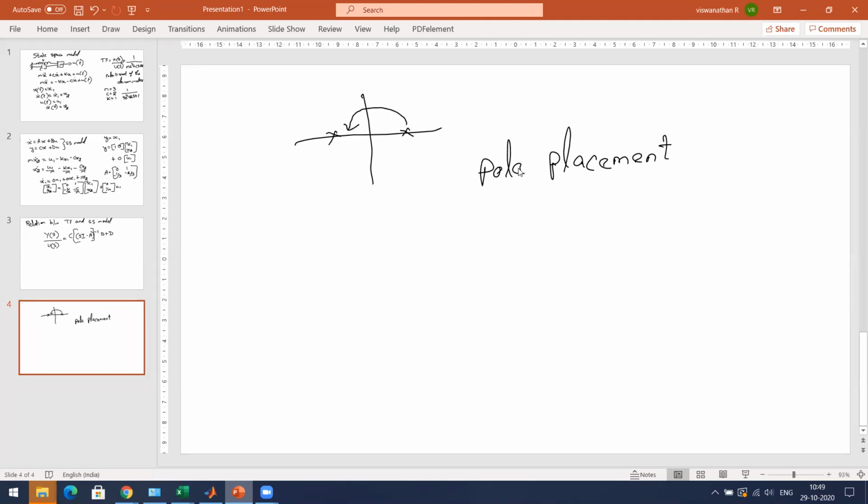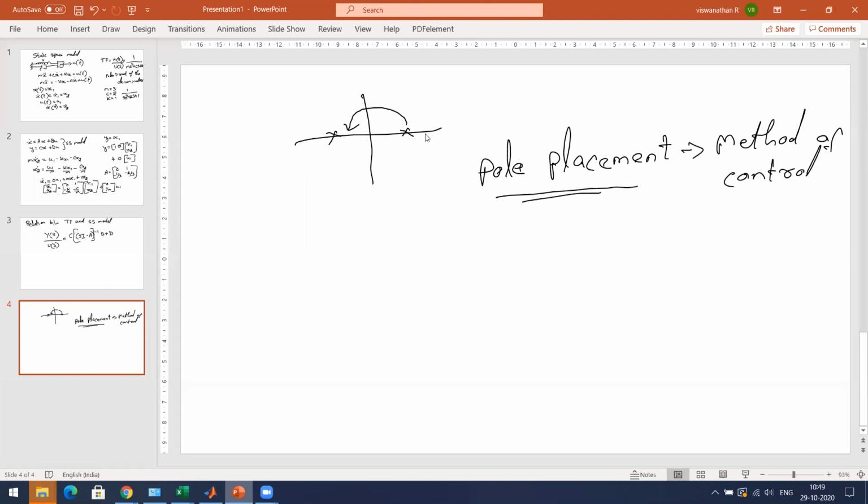Pole placement is a method of control where you shift the poles from the undesired positions to the desired positions.